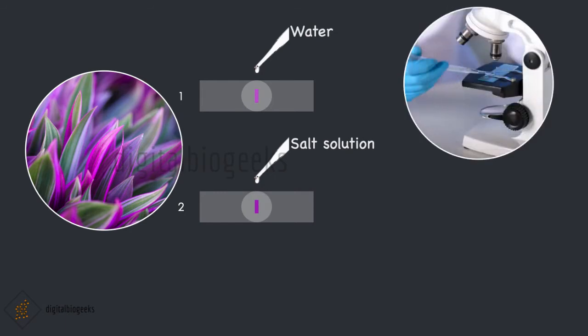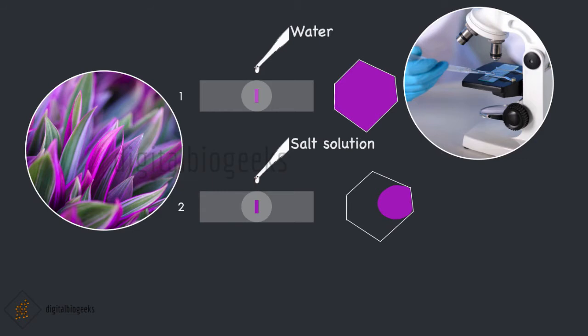In the first slide, we can see the water is getting into the cell and the cell is swollen as it is placed in a hypotonic solution, that is water. But in the second slide, as the cell is placed in a salt solution, which is a hypertonic solution, water from the cell oozes out to the surrounding medium and the cell shrinks.